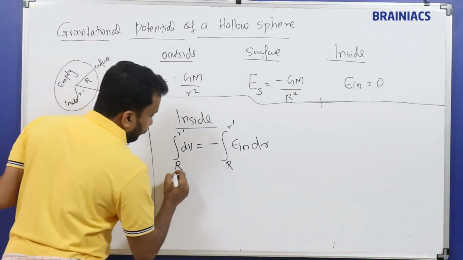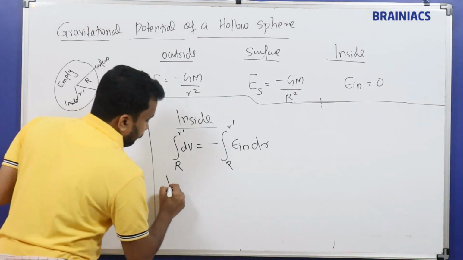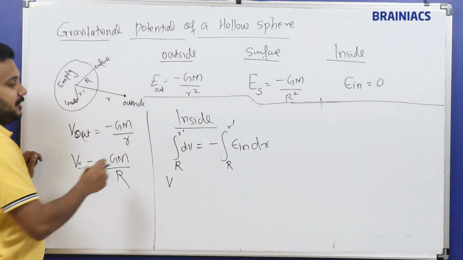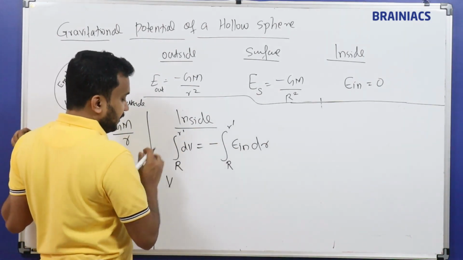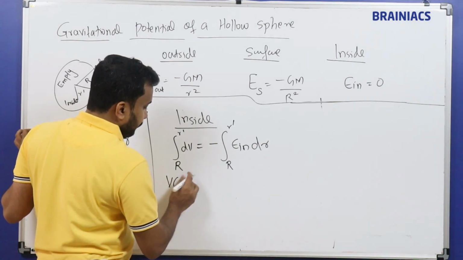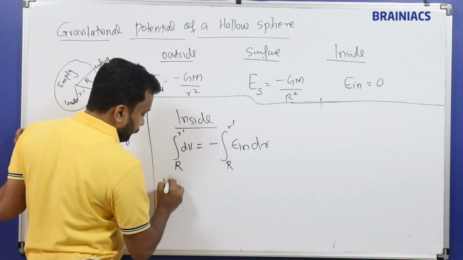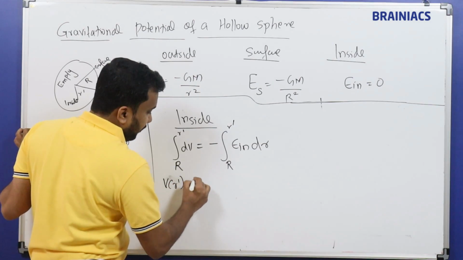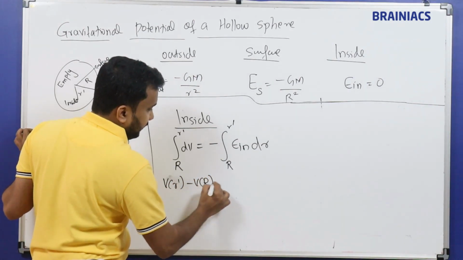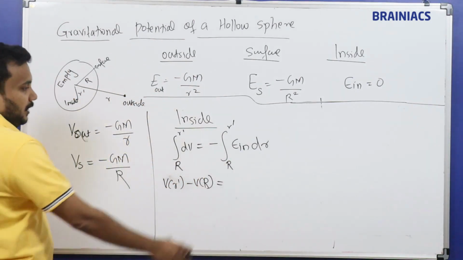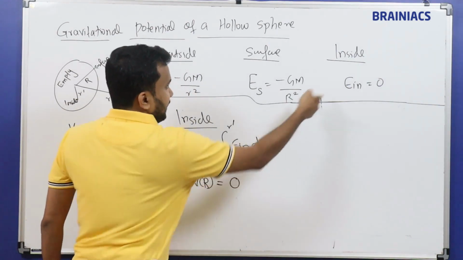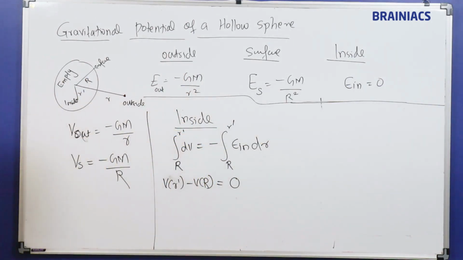Okay, so we know in the differentiation and integration, they cancel out. So V of r dash, V of the final point minus the initial point is equal to, what is the value of this integral? Zero. Inside it is completely zero.